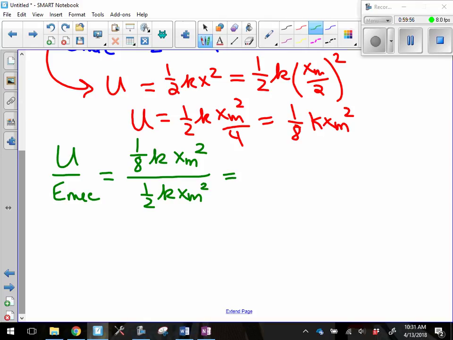And what do we get? The k's, the xm's. Yeah, we get 1/4. That's it. 1/4 of the energy is tied up in potential energy.